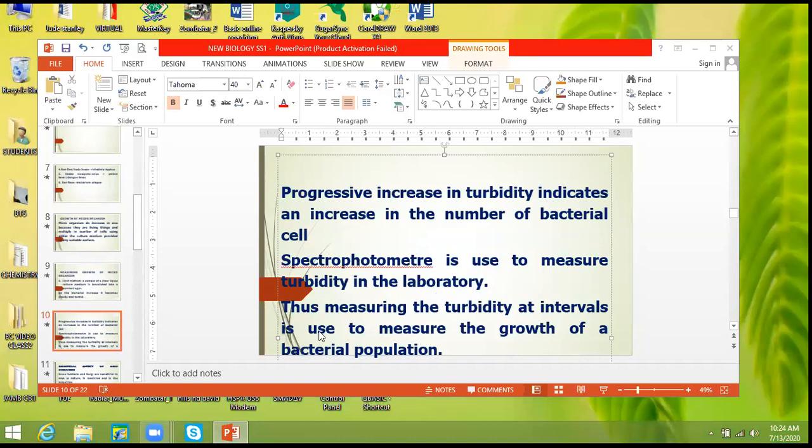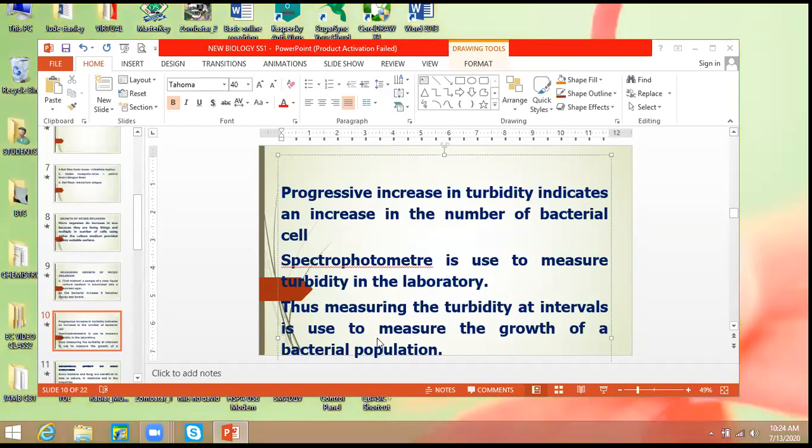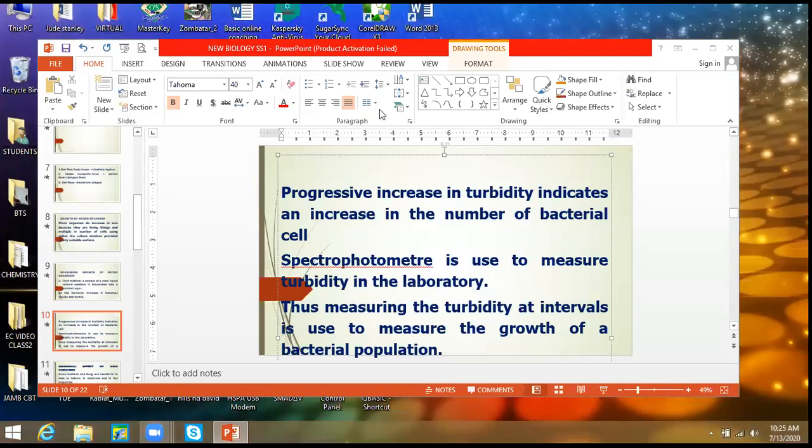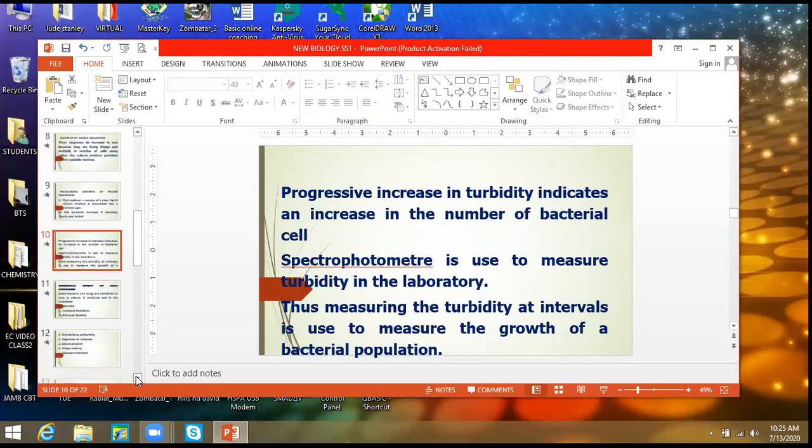Thus, as you measure the turbidity at intervals, you can use that to ascertain the growth of the bacteria. I said spectrophotometer is used to measure the turbidity in the laboratory. Thus, it enables you to ascertain or determine the growth of microorganisms in the lab. Now let's continue quickly.